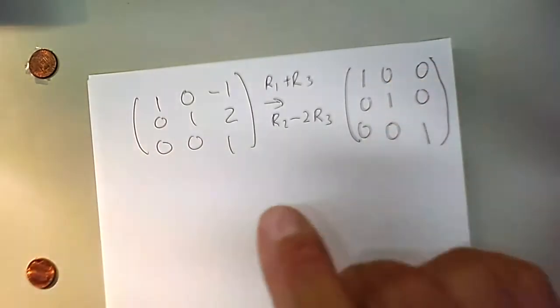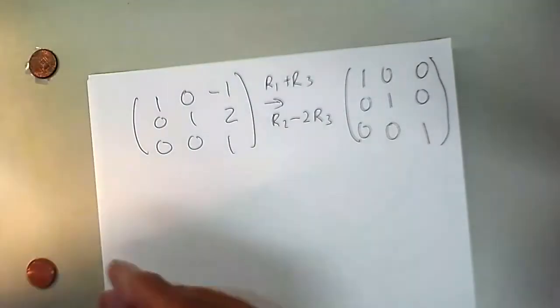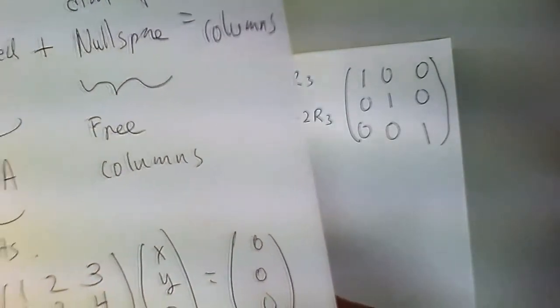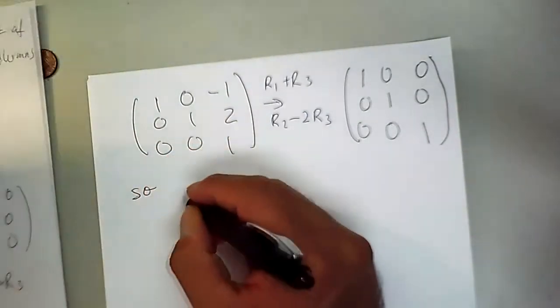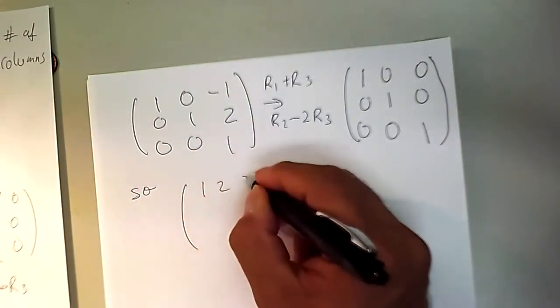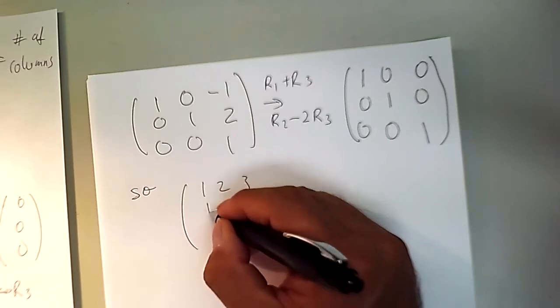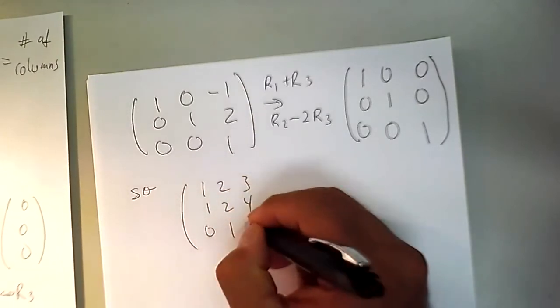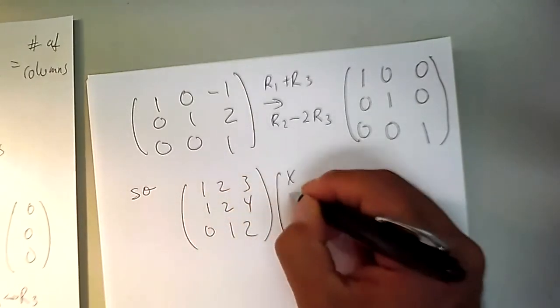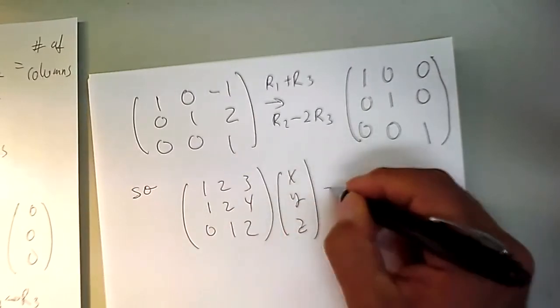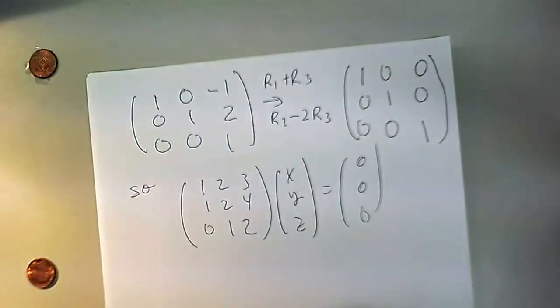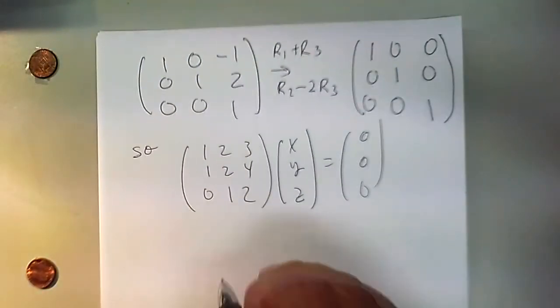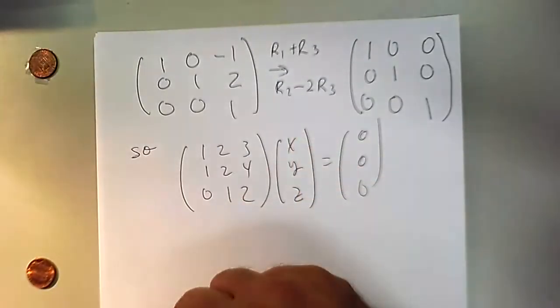Okay, so the original problem, 1, 2, 3, 1, 2, 4, 0, 1, 2, times x, y, z equals 0, 0, 0, which is a system of 3 equations with 3 unknowns, 3 variables.